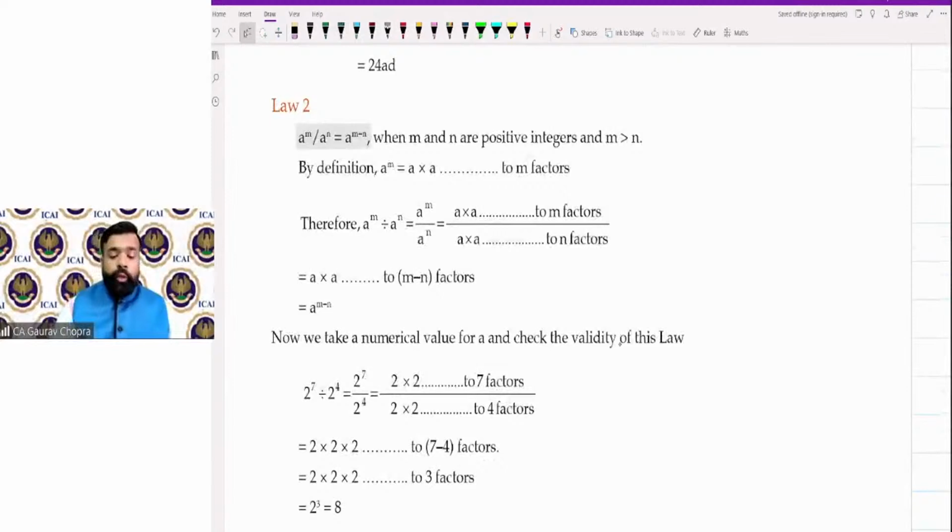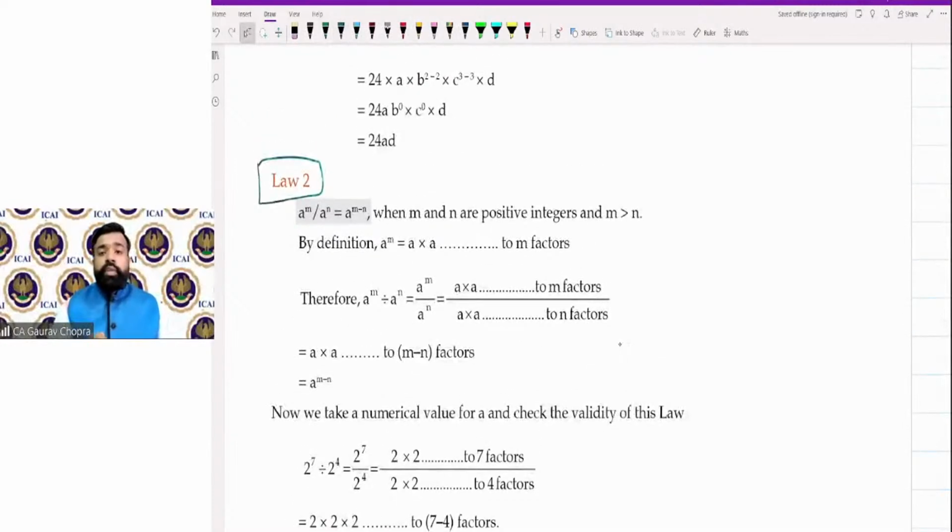Now we are moving towards the second law of indices. Now, second law is for subtraction. Now, how to apply this law? This law says a to the power of m divided by a to the power of n. A की power m in numerator and in denominator it is a to the power of n.